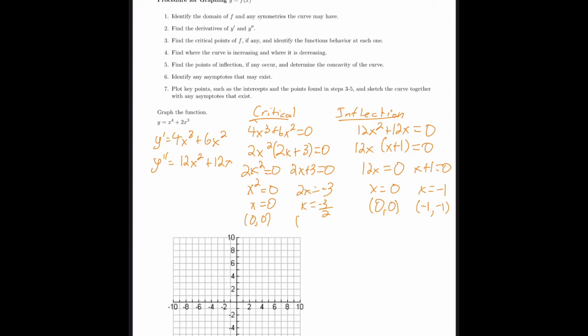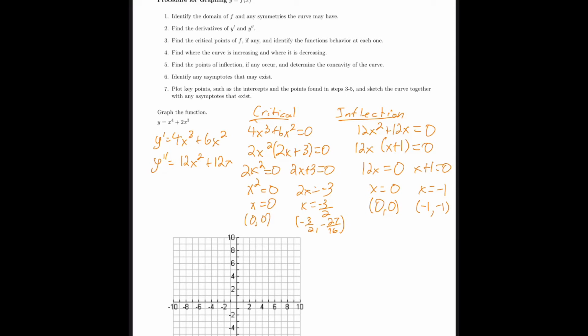We can also plug negative 3 halves into the original function to get these ordered pairs. So that's 0, 0. And for this one, negative 3 halves to the 4th plus 2 times negative 3 divided by 2 to the 3rd.